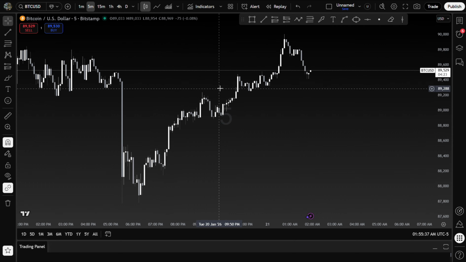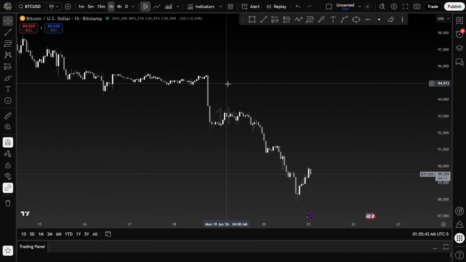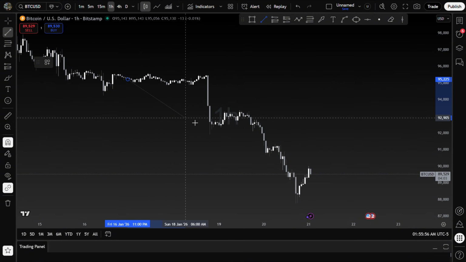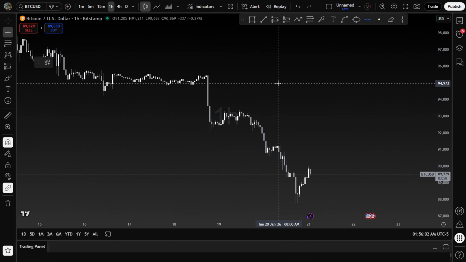Now, let's go over some tools. And this is where people usually overcomplicate things. You really only need a few tools to start. The trendline tool helps you draw direction and structure. You have the horizontal lines, which are good for support and resistance.